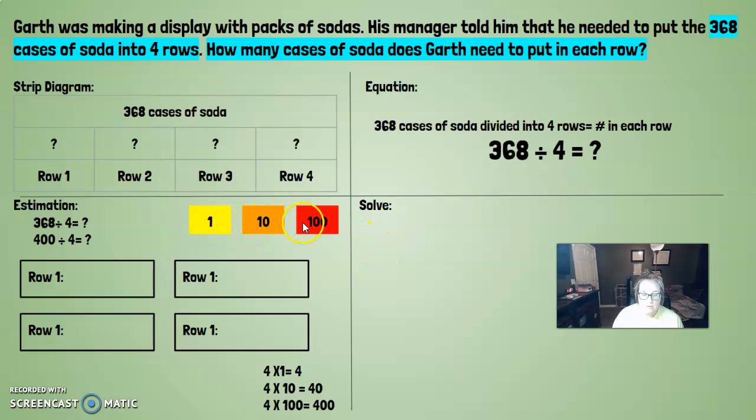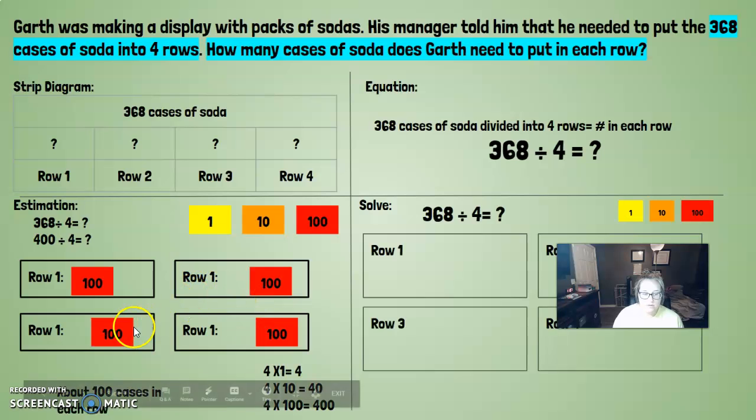So I'm going to use my place value disks, and I'm going to drag them into each row until I get up to 400. I'm going to start with my greatest number, which is my 100 for now. And I'm going to count by 100s until I get as close to 400 as possible. So I'm going to say 100, 200, 300, 400. And when I do that, I actually get to 400. And that means that there are about 100 cases in each row.